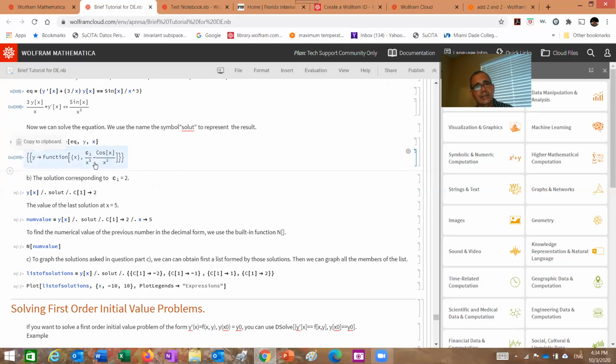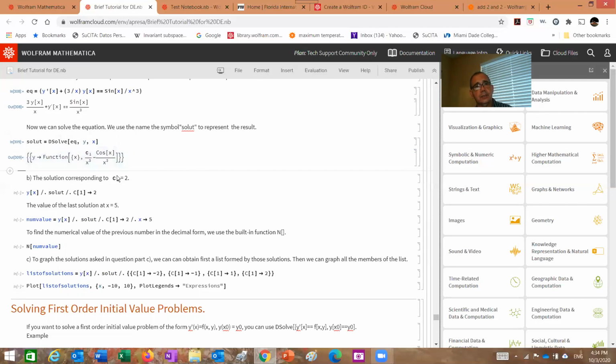Notice that what is inside here is a list of a list, and the list inside the list has only one element, which is this rule of replacement. Inside that, the right side has a pure function that contains the constant C1.